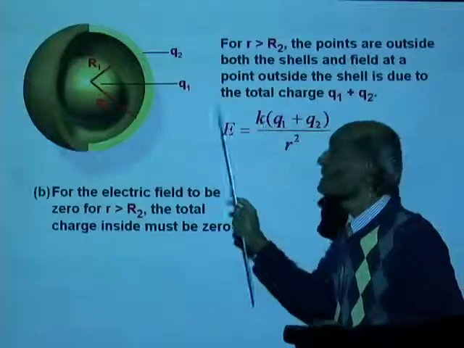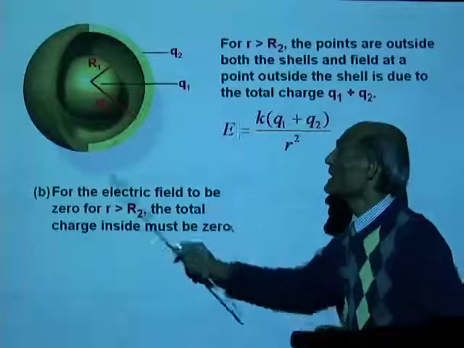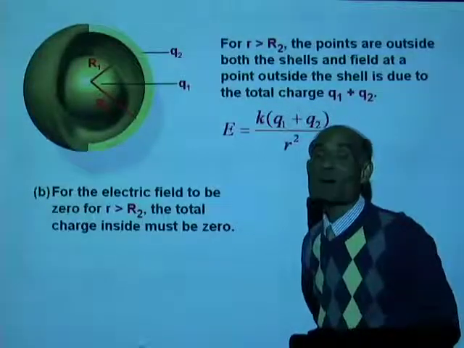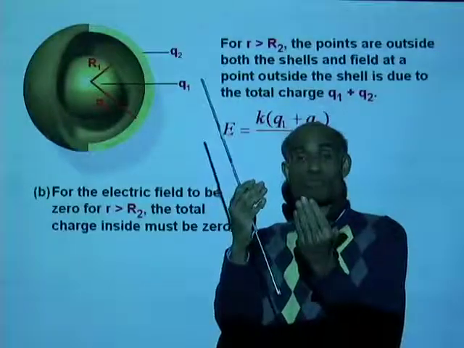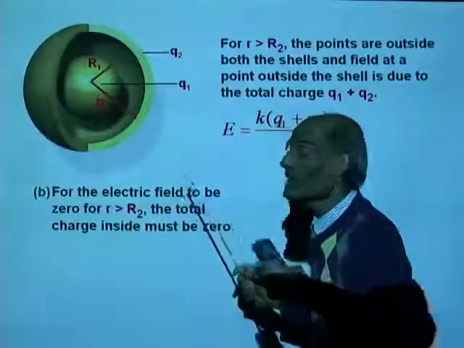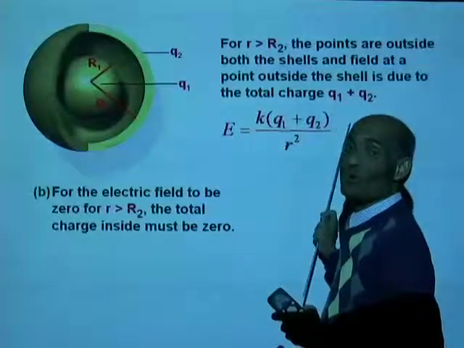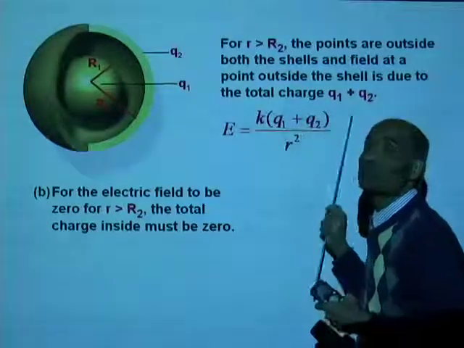This is the electric field outside the two shells. And in part B, we have been told to find the ratio of Q1 to Q2 that will result in the field at any point outside being 0. Now tell me, when will this quantity become 0?